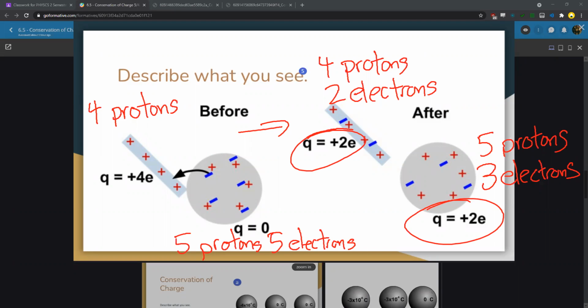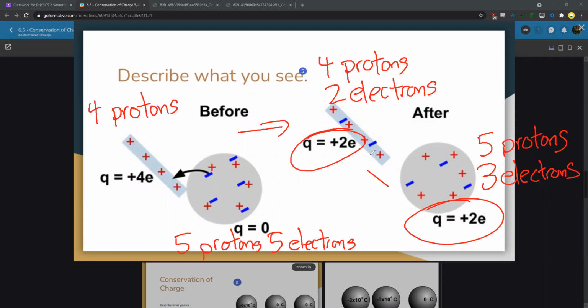So in the end, your charges must be balanced. It's not the electrons that are being balanced, it's the charge. It doesn't matter how many electrons you have. That's insignificant. The only thing that matters is whether or not your charges are the same after contact. All right, any questions about this? Please raise your hand before I move on.